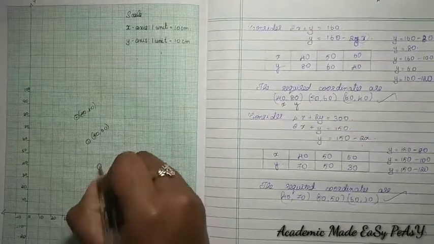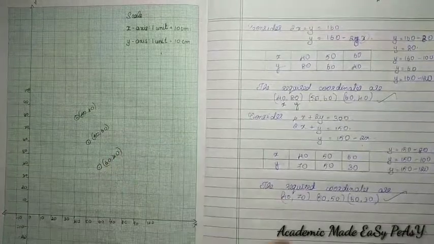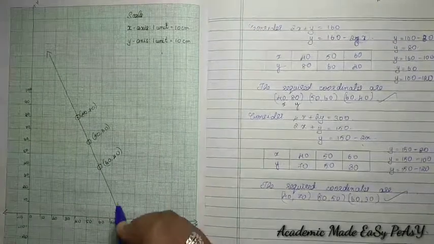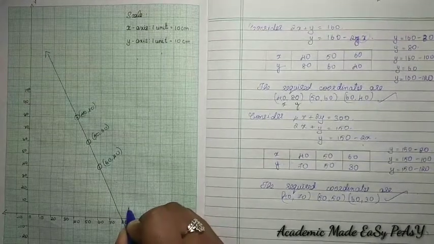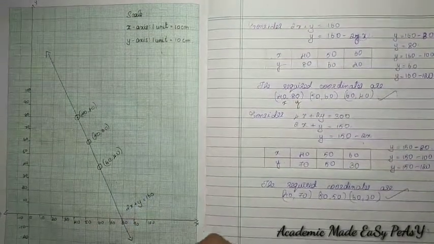So here 60, 40. So this is for line 1. This will be the line for equation 1. Let me write the equation. What is the equation? 2x plus y is equal to 160.